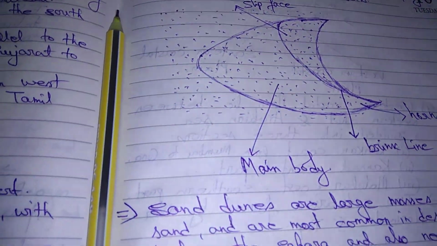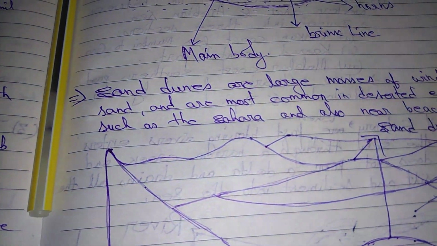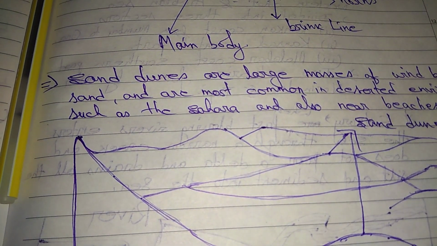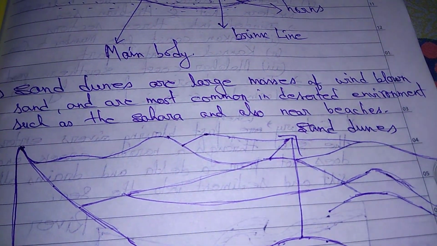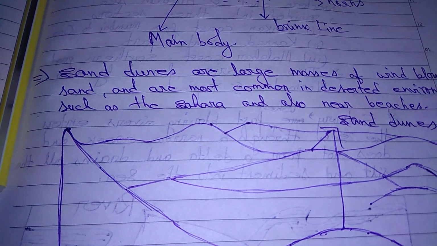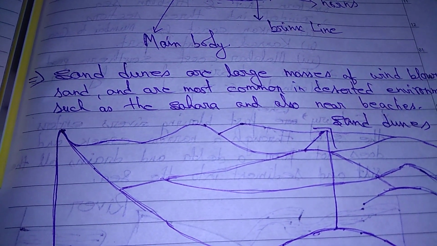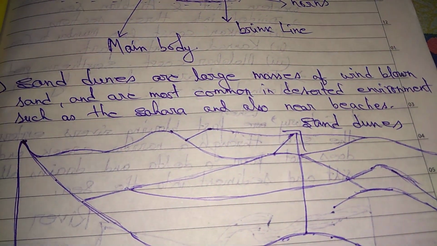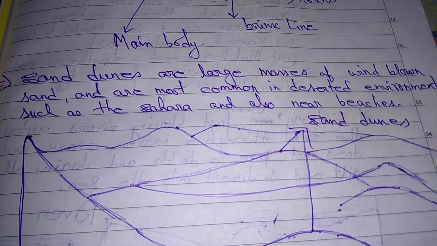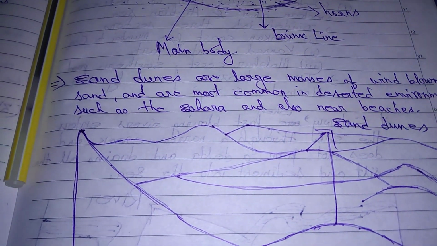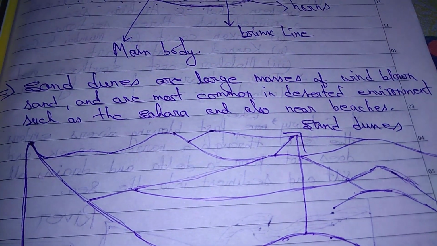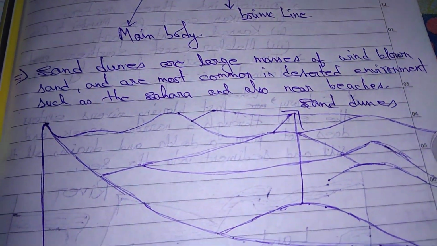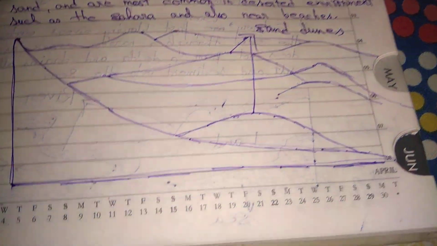Then our second word is sand dunes. Actually, sand dunes are large masses of wind-blown sand and are most common in desert environments such as the Sahara, and these sand dunes are also found near the beaches, as you see here in this diagram.